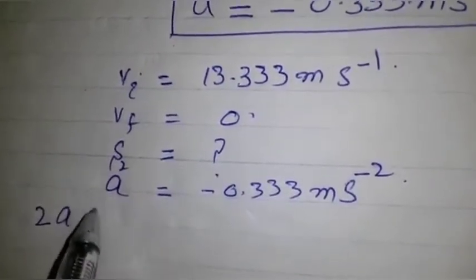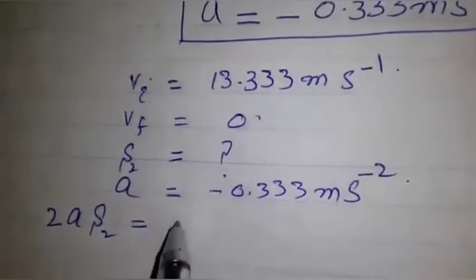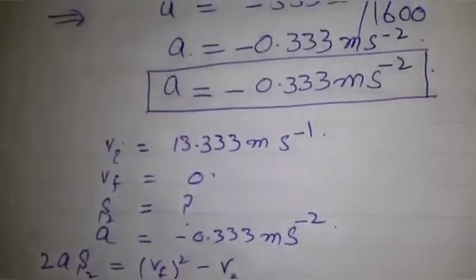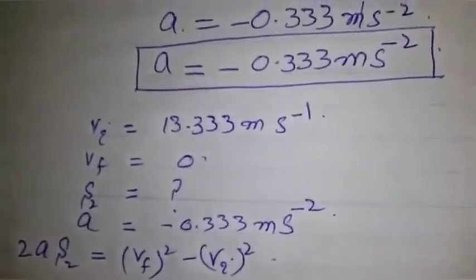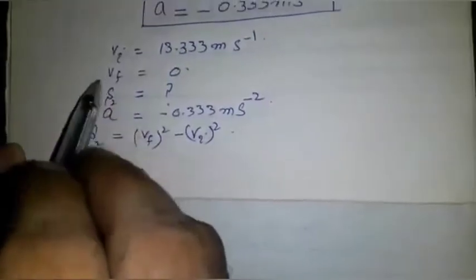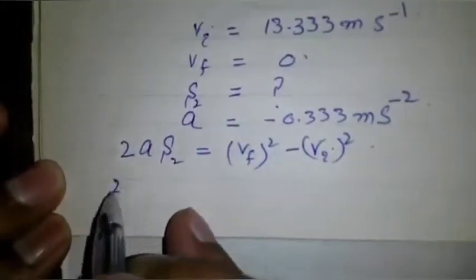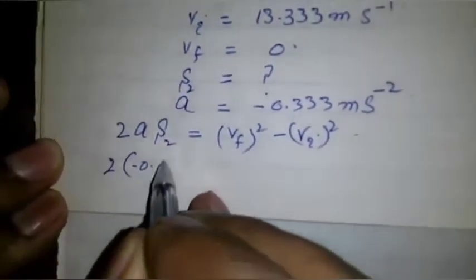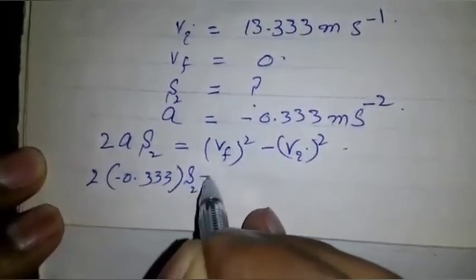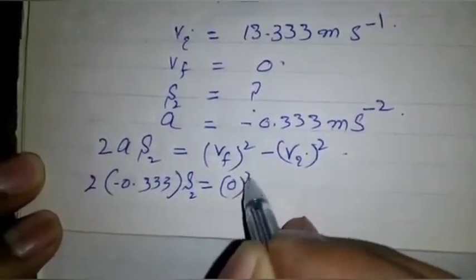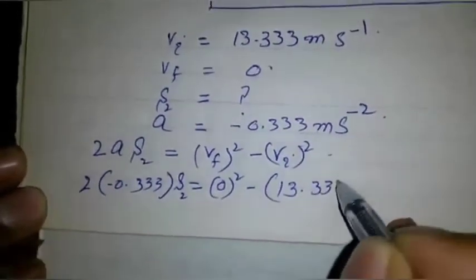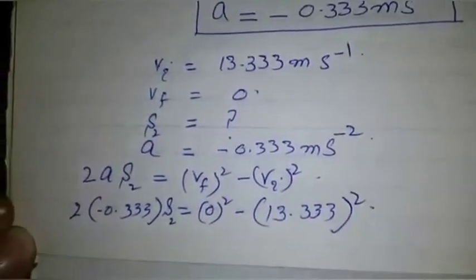Now we are using third equation of motion once again. 2 into A into S2 is equal to Vf square minus Vi square. Now putting the values, we have Vi, Vf and A. 2 into minus 0.333 into S2 is equal to 0 square minus 13.333 square.